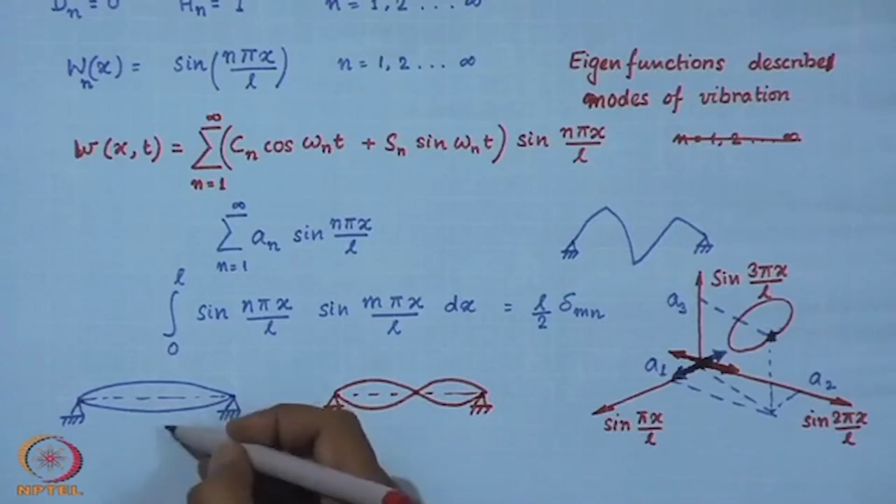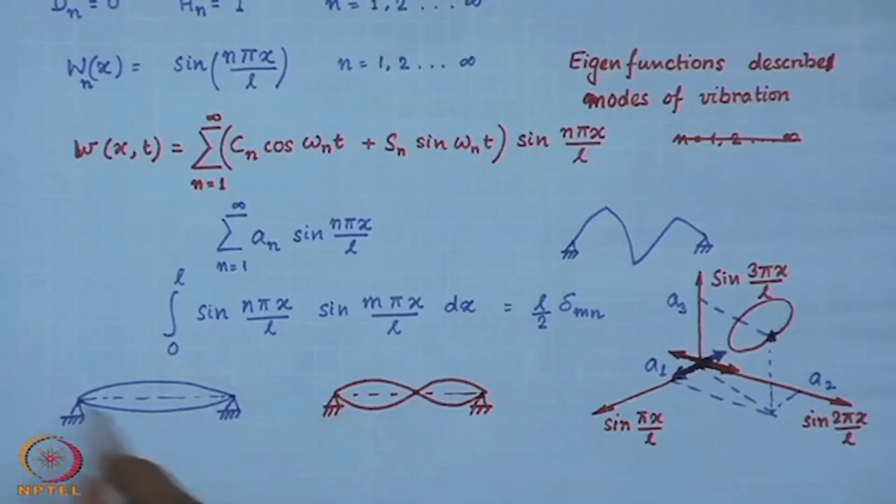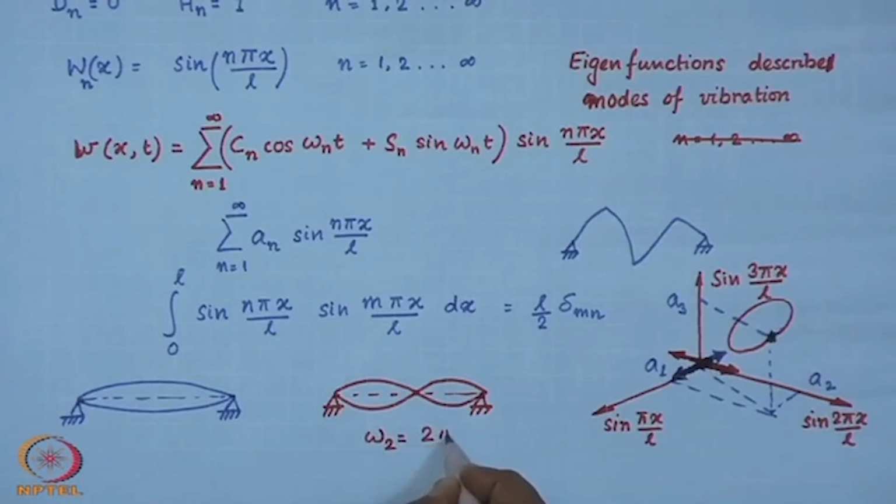So, essentially the string is vibrating between these two extreme configurations, and the corresponding circular natural frequencies are given by these values: omega 1 as pi c over L and omega 2 as 2 pi c over L.